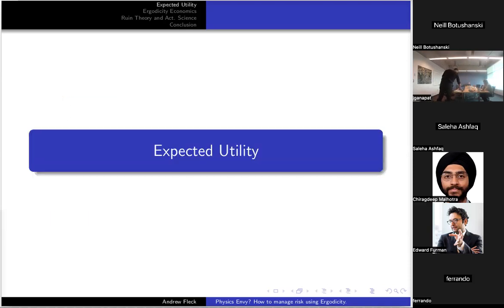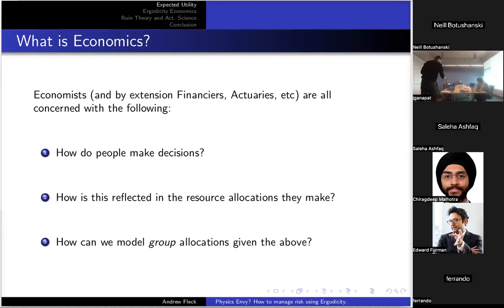To get started, I'll talk a little about expected utility. Whenever I talk about this, I like to zoom way out. When we talk about economics in general, and by extension all of us here who are interested in risk management and finance, we're concerned with a few questions. Ultimately, how do people make decisions, and how is that reflected in a social context?